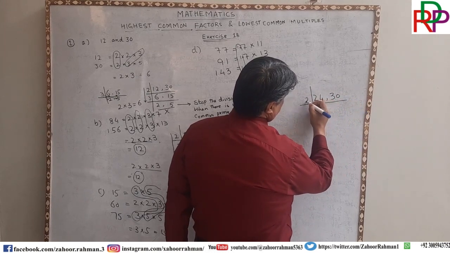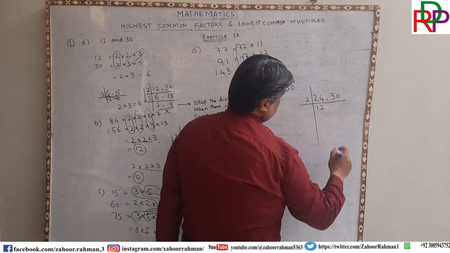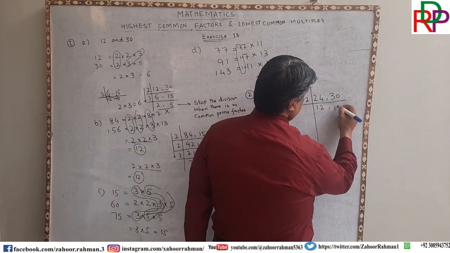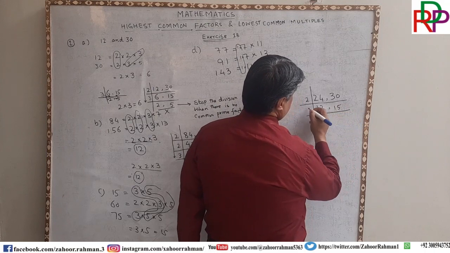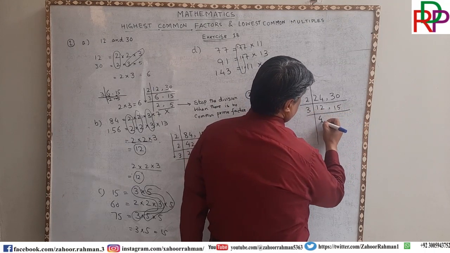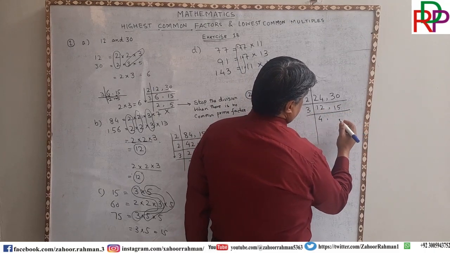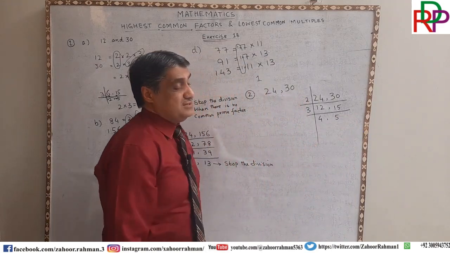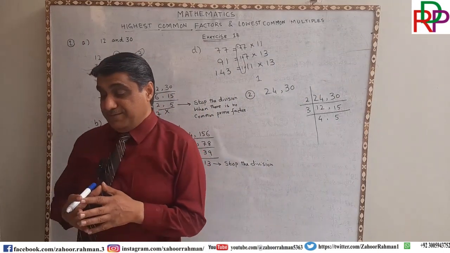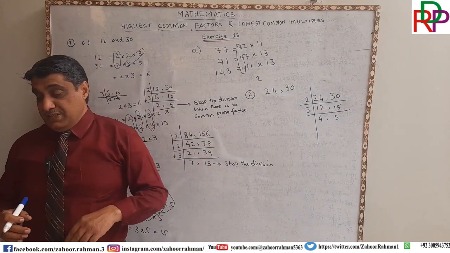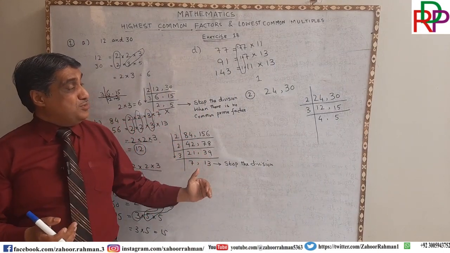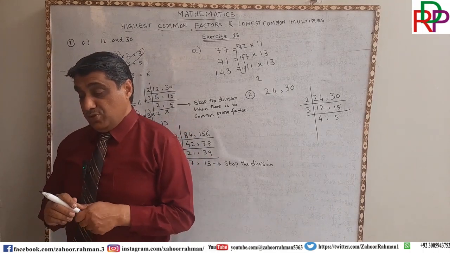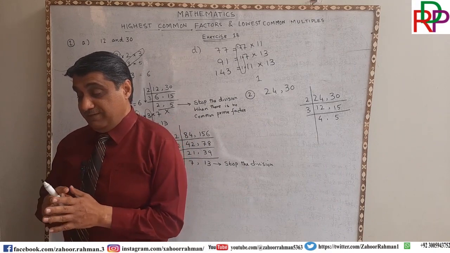So this is divided by 2, 12s are, and this is divided by 2, 15s are. Now 3 4s are, and now 3 5s are. 3 5s are the 2 into 3 into 5.